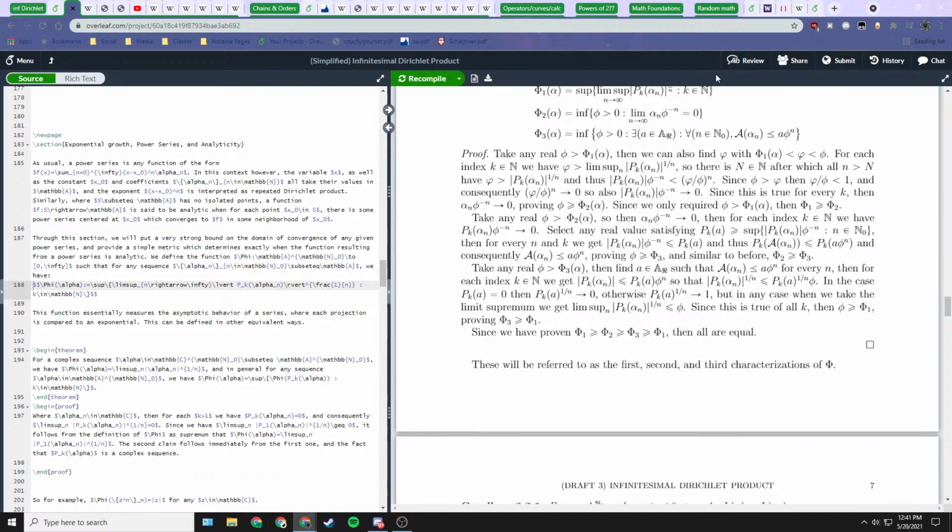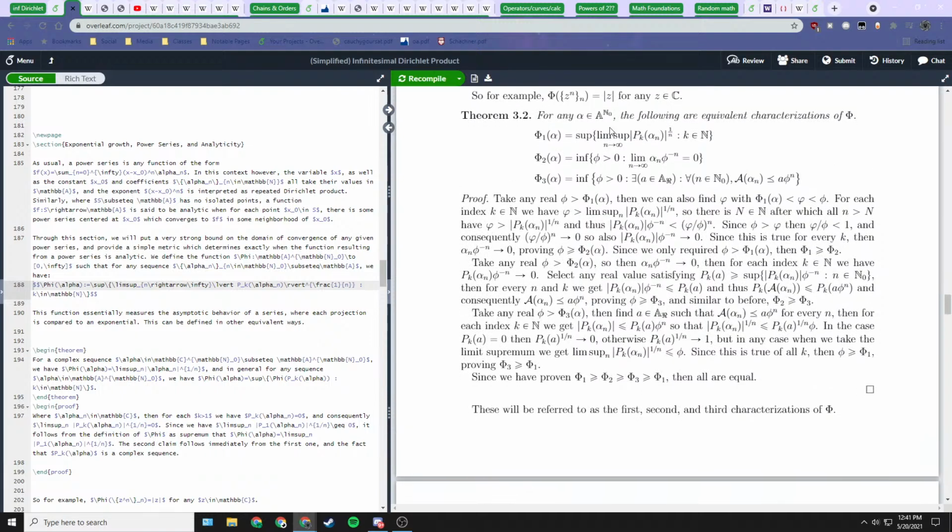So for the first one, we take our phi greater than phi 1. By this phi 1 characterization, because we have this lowercase phi greater than phi 1, we can also find this var phi. Because there's this strict inequality, we can find some other var phi in between them.